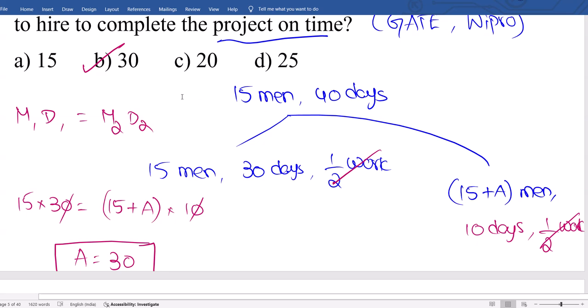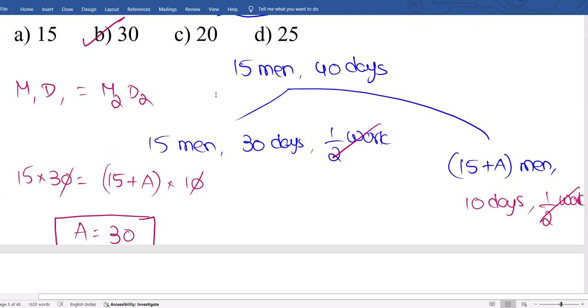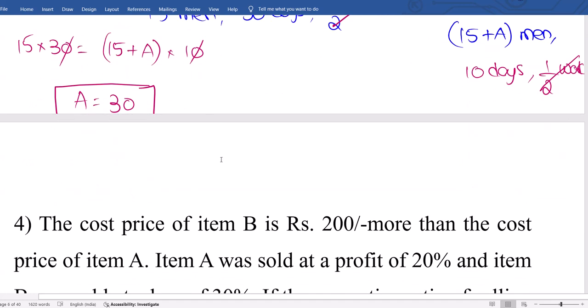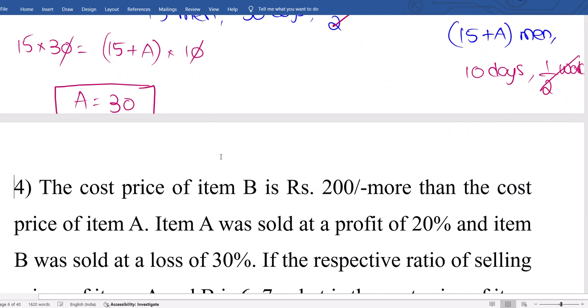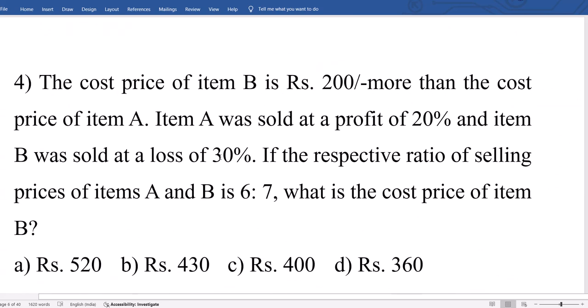Now see the next one. Profit and loss related question. Good question again. There is something you people can learn.